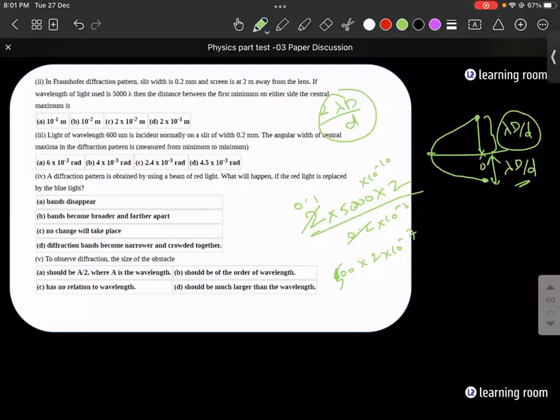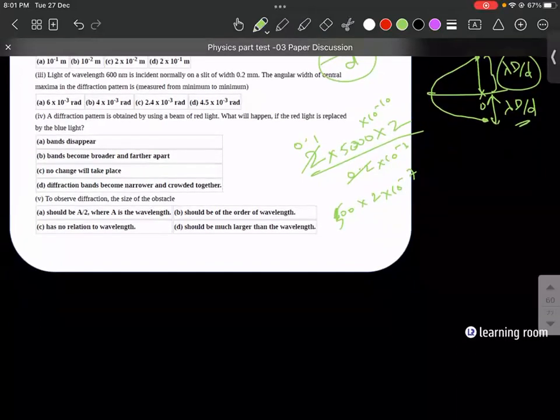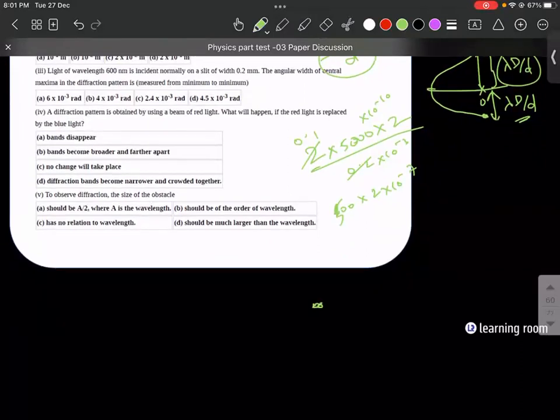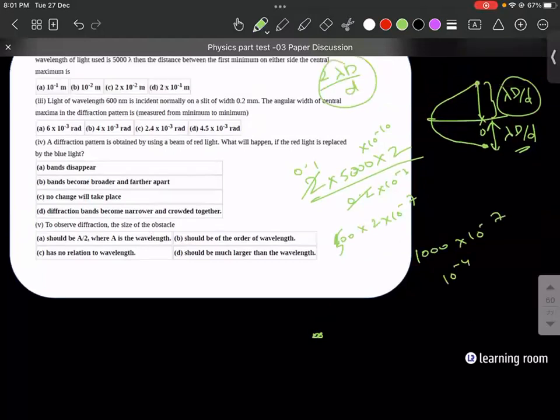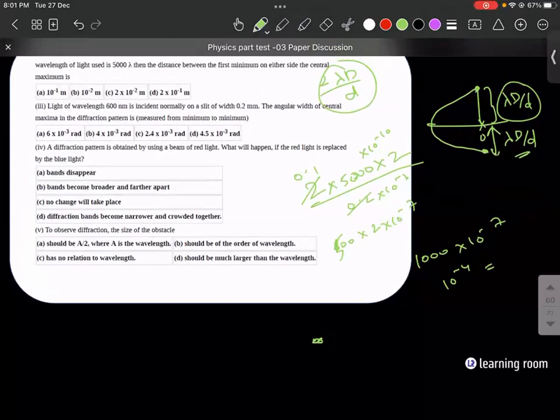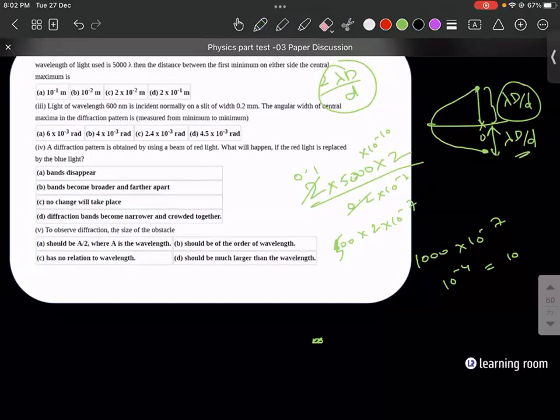So 1000 into 10 power minus 7. So that will be 10 power minus 4 meter only. For the previous one, 9, I guessed it, but here we have to solve and see.